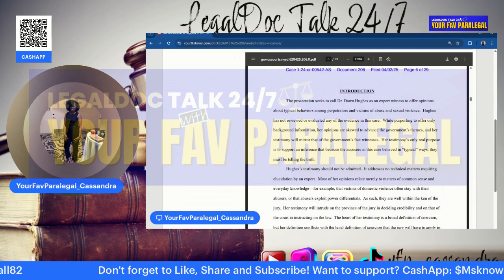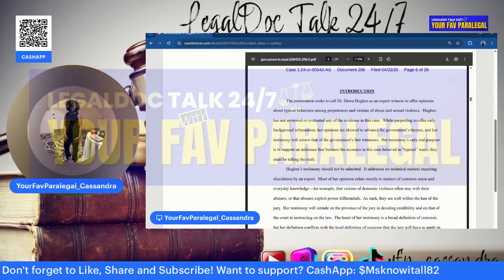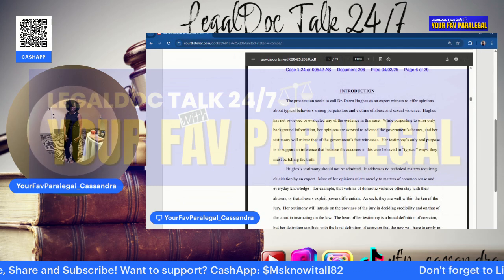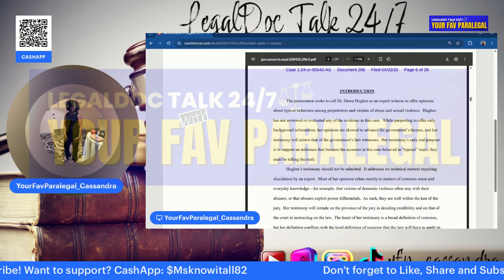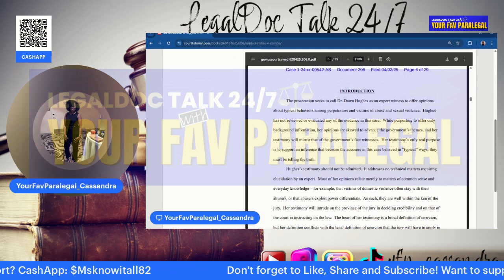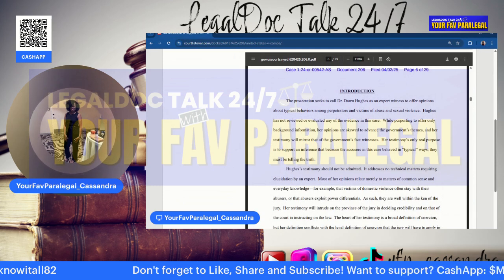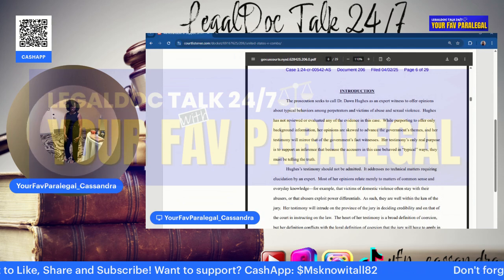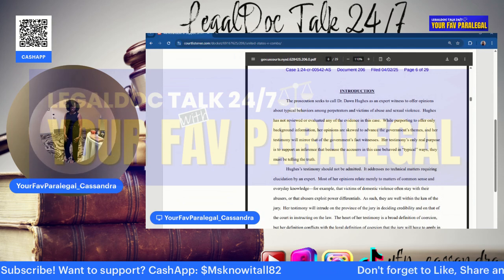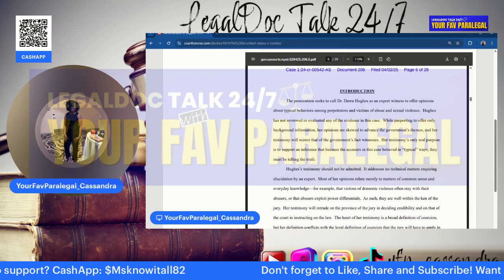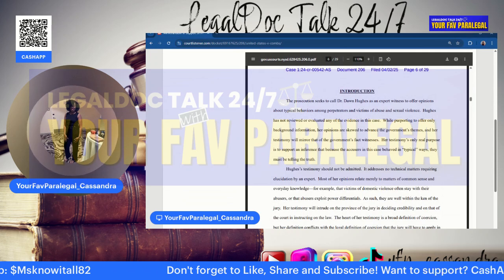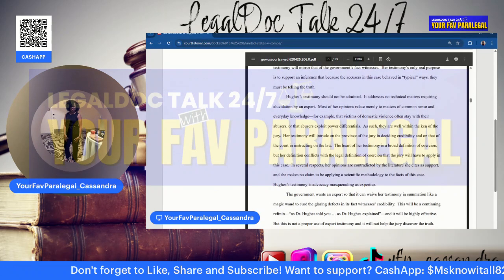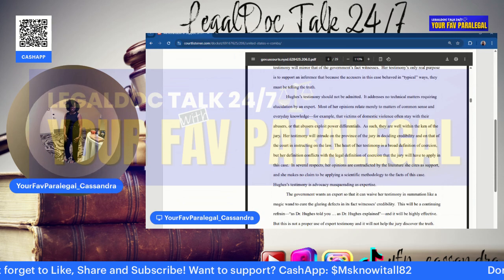While purporting to offer only background information, her opinions are skewed to advance the government's theme, and her testimony will mirror that of the government's fact witnesses. Her testimony's only real purpose is to support an inference that because the accusers in this case behaved in typical ways, they must be telling the truth.